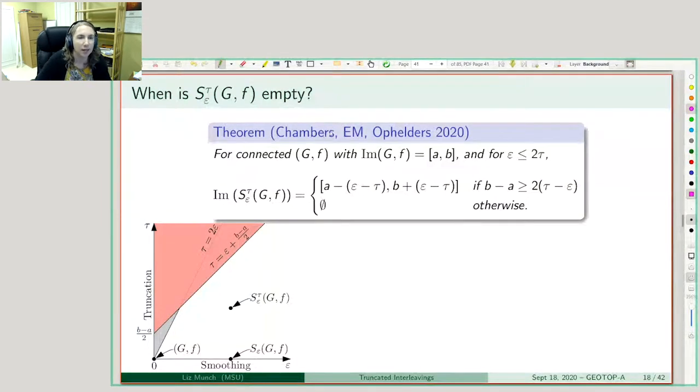All right, so when is S epsilon tau empty? If you give me a connected graph, the image of GF, all I mean is f of the entire image of G, which is some subset of R. So if its image is denoted by the interval AB, as long as epsilon, oh, that also looks like a typo.